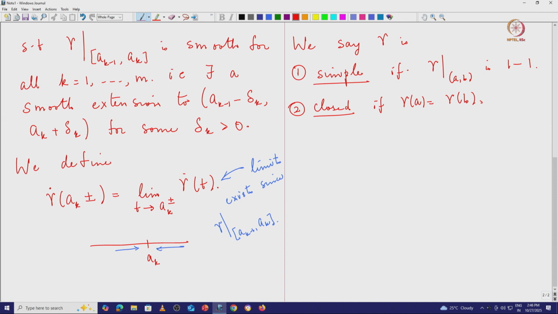Okay, we also call it regular if for all t not equal to one of these non smooth points the velocity vector is non-zero. Okay.